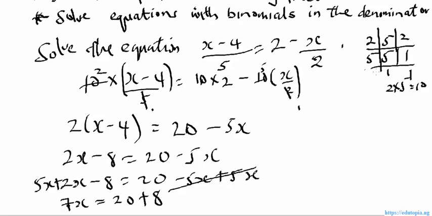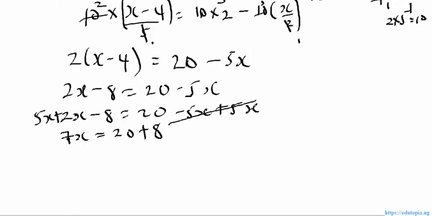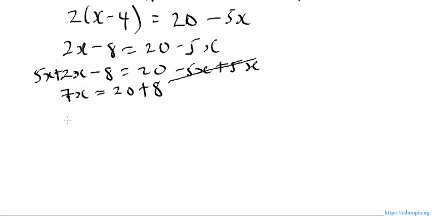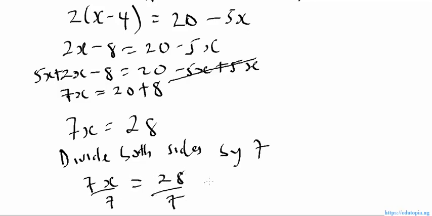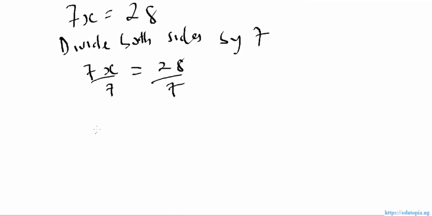Now we're left with 7x is equal to 20 plus 8, which is 28, and now we divide both sides by 7. 7x over 7 is equal to 28 over 7, which gives us 4 after division. So 7 cancels 7, we're left with x is equal to 4.